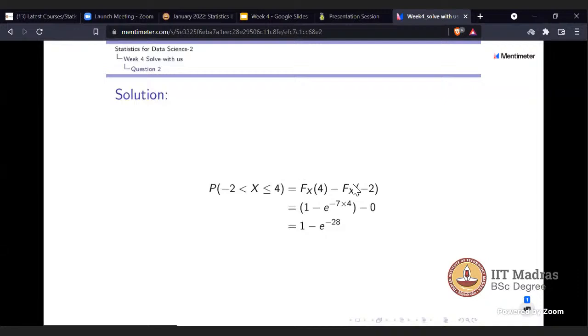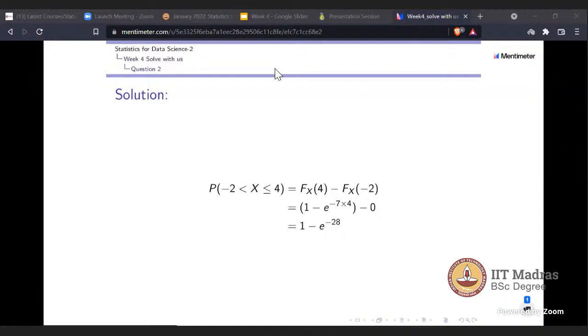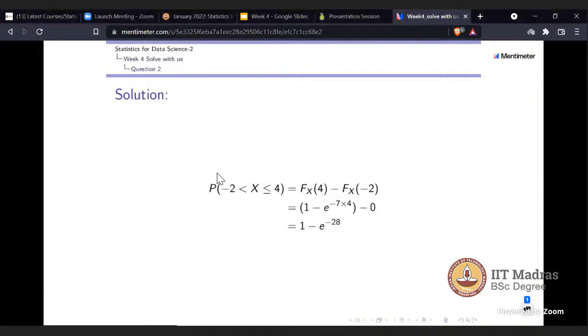If x is less than 0, you are going to put 0. That is why Fx of minus 2 is 0, and your correct answer is 1 minus e to the power minus 28. Is it clear? Yes, ma'am.